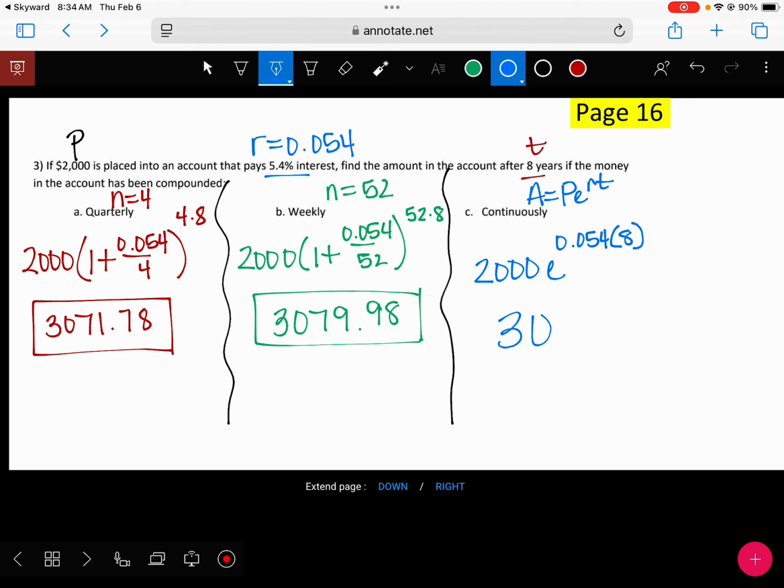Yeah, now type in the, go back. And then 0.054. Go back. 0.054. So who got $3,080.67?